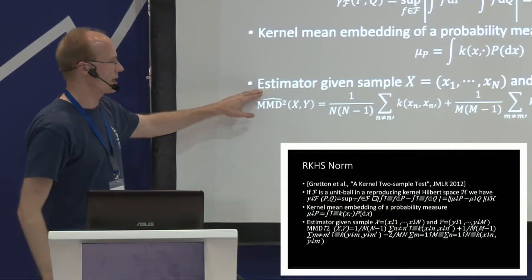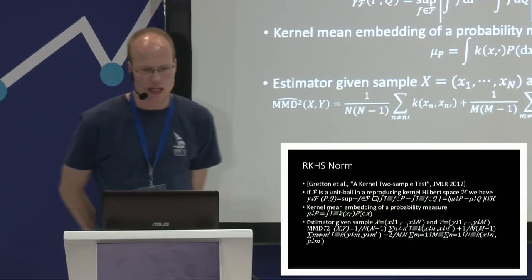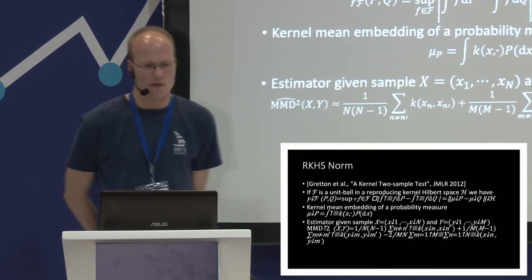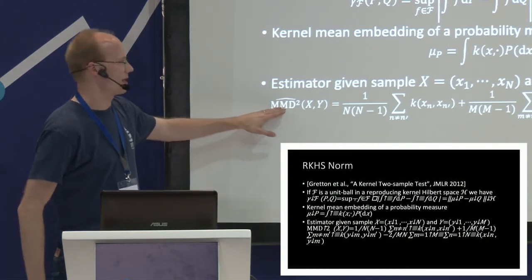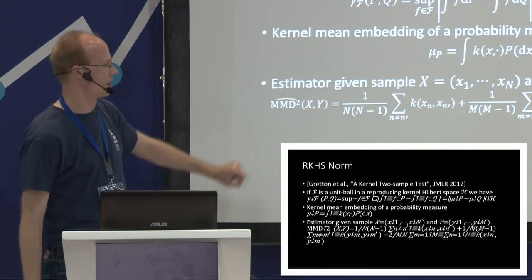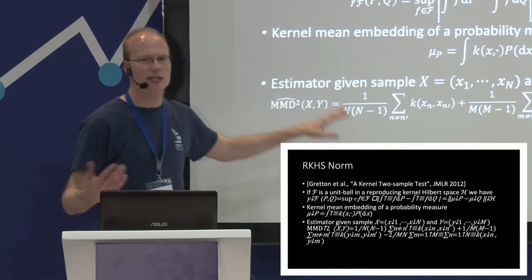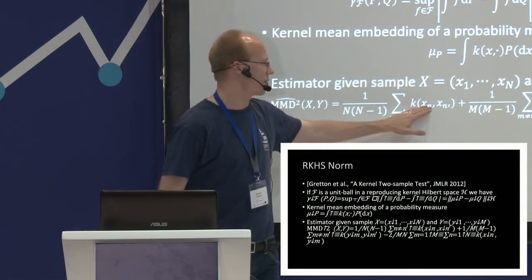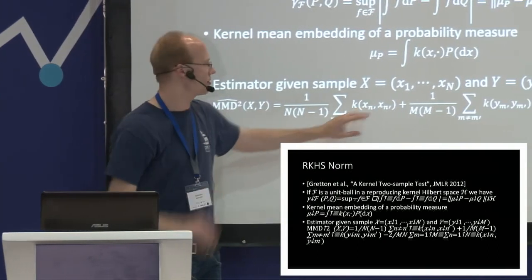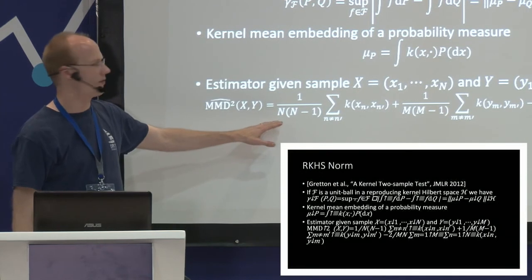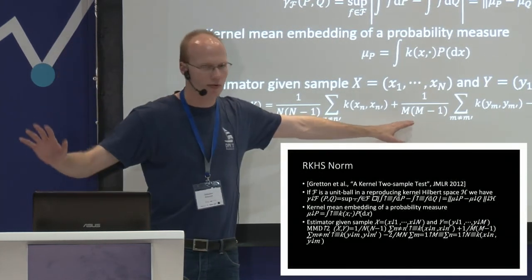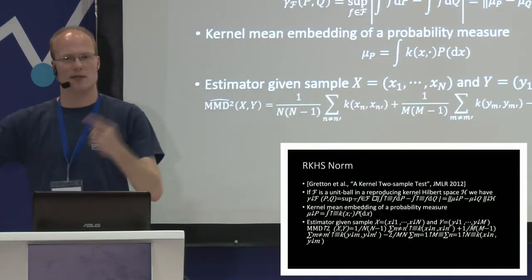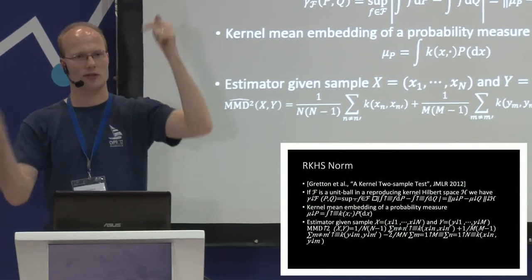And there is an unbiased estimator that can allow us to estimate MMD squared, actually. And the estimator has a very simple form that we can simply compute. We compute a kernel matrix between our data points from one distribution and take an average of the kernel values. We do this for the other distribution, and then we subtract twice the average of the cross-kernel values.